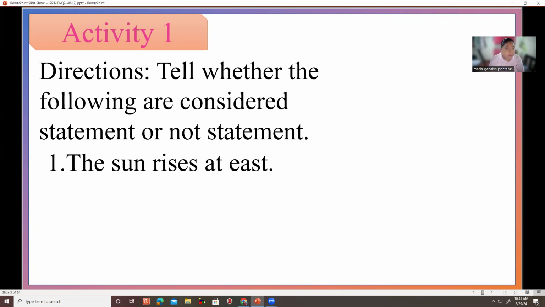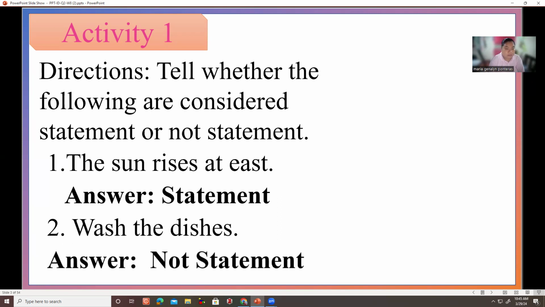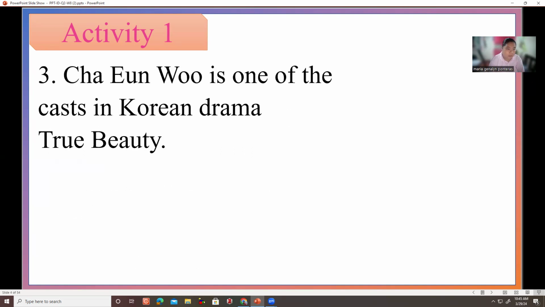Let us have the first statement. The sun rises at east. Is this a statement or not? The answer is statement. The second one, wash the dishes. Is this a statement or not? This is not a statement. Later we're going to discuss why number 2 is not a statement.